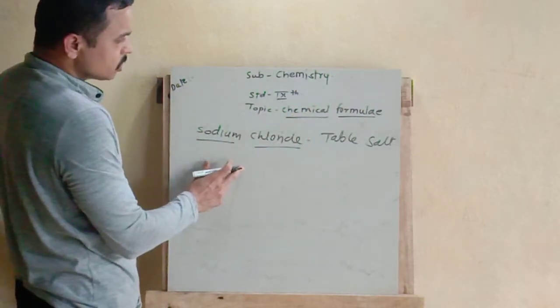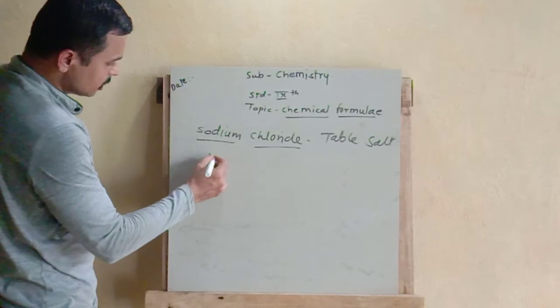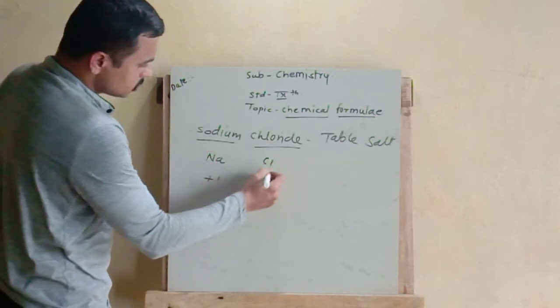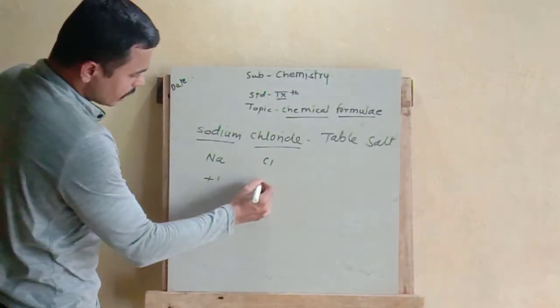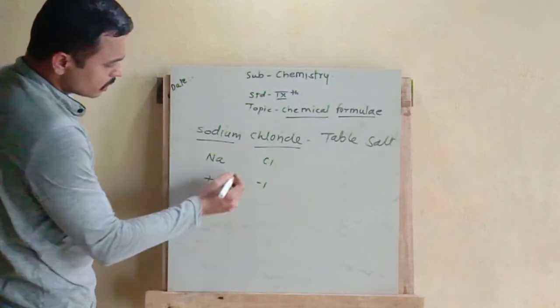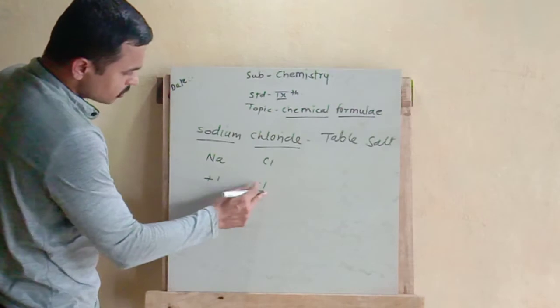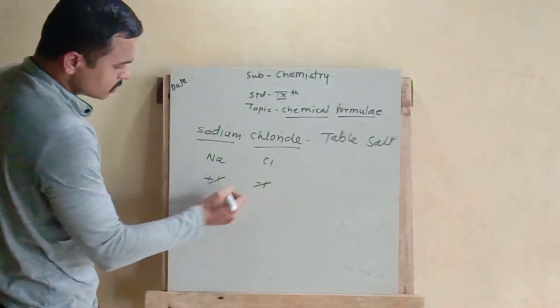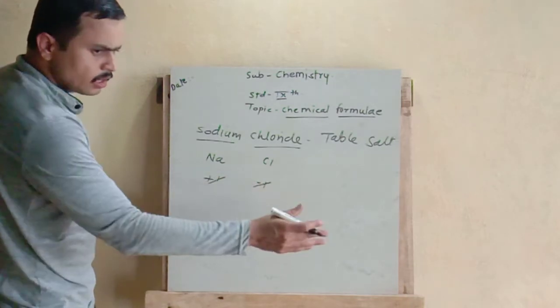Now I want to write their symbolic form. Sodium stands for Na. What is the charge of sodium? +1 charge. What is the symbol of chloride? Cl, with -1 charge. Now the numbers are equal, so we don't need to cross multiply, because +1 and -1 give 0.